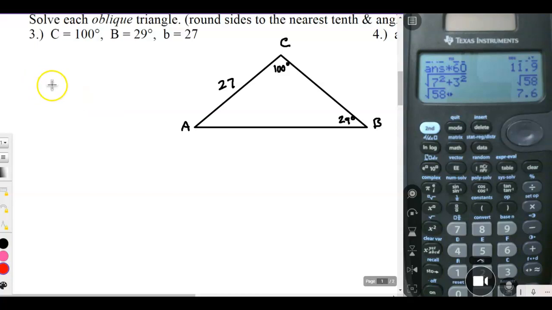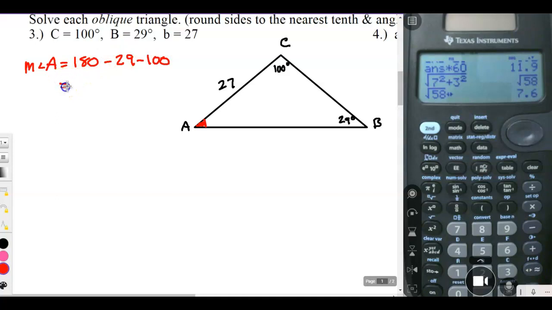Alright, so let's first do the missing angle. Because I have two angles, I just have to subtract from 180. So the measure of angle A is going to equal 180 minus 27. Nope, that's not right. Minus 100 minus 29.